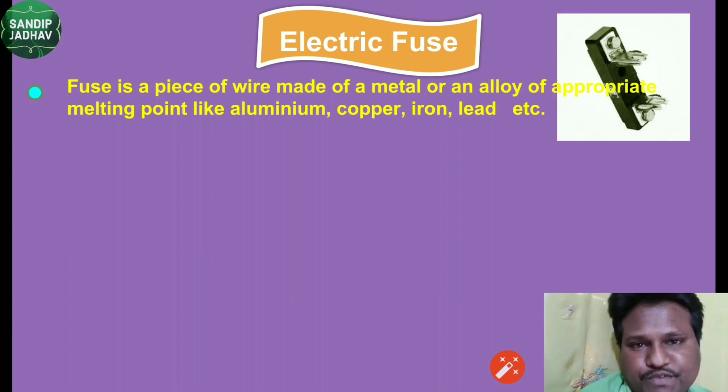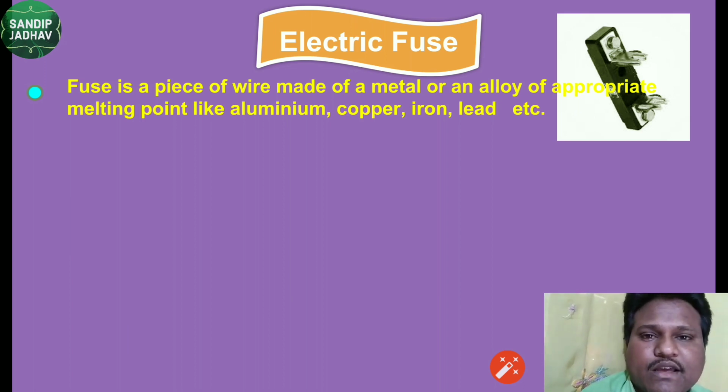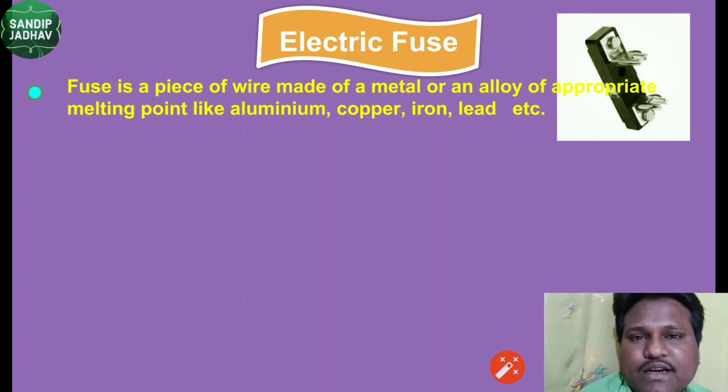So what is a fuse? A fuse is a piece of wire made of a metal or alloy of appropriate melting point. Why the word appropriate? If for a given circuit, let's say 1 ampere of current is essential, and the current flowing through the appliance is 2 ampere, then the appliance or the wiring will get damaged, and there is a problem of short circuiting. To avoid such things, an electric fuse is used.